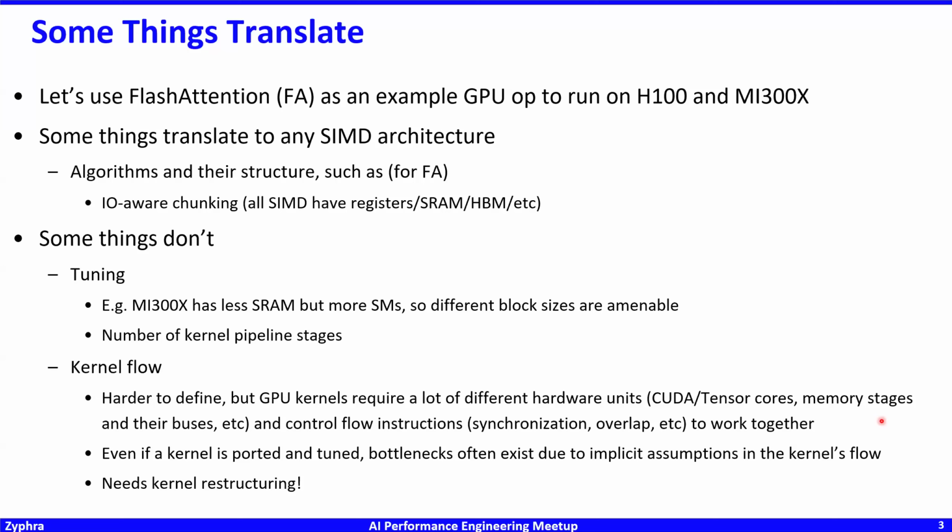And if you just naively tune the raw numbers like block size, you lose these implicit assumptions, and you end up playing a game of bottleneck whack-a-mole, where now your bottleneck is memory bandwidth, and then it's back to compute, and then the L1 cache is thrashing, and so on. So these kernel flow issues are hard to find.